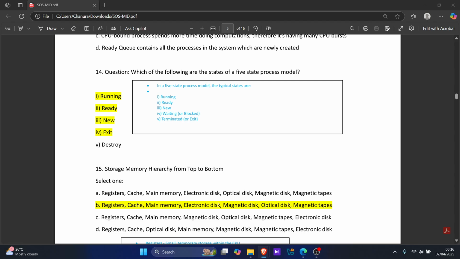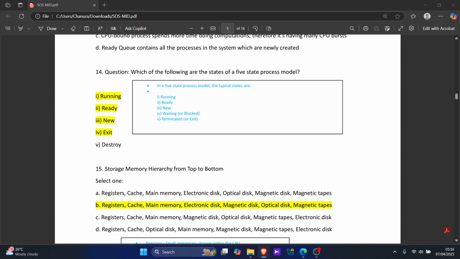Let me verify. Another possibility, in some models, the states are new, ready, running, terminated, and perhaps suspended or something else. But I think the standard 5-state model includes waiting as the 5th.